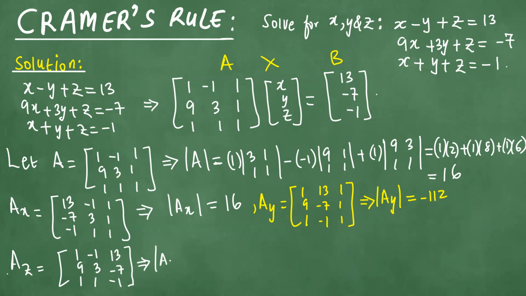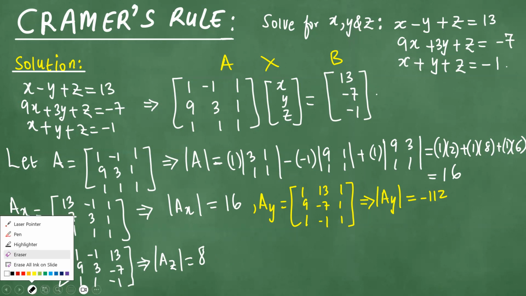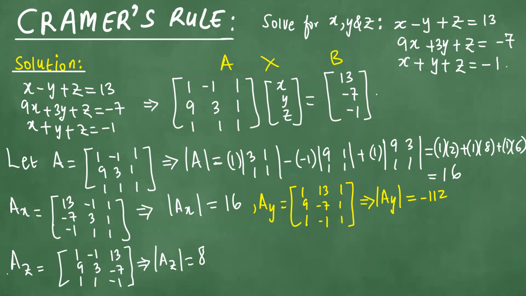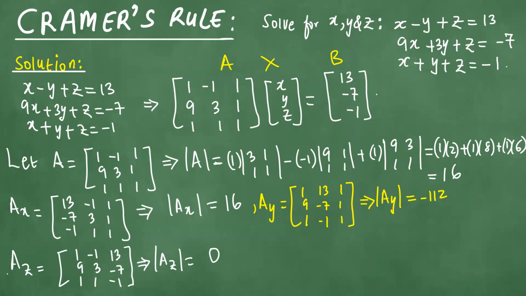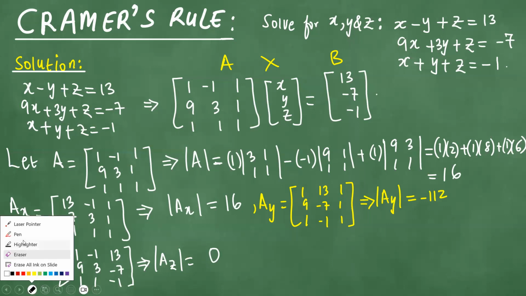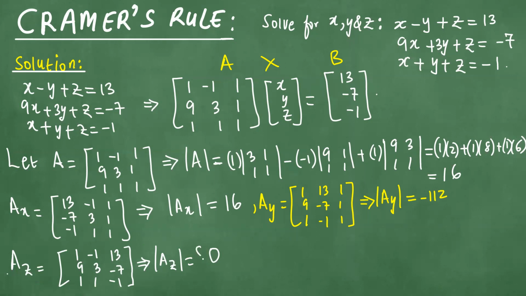The determinant of A sub Z is very easy to show that it is exactly 80. It is 80.